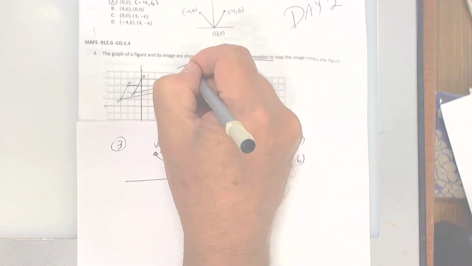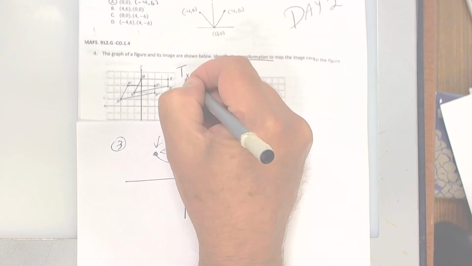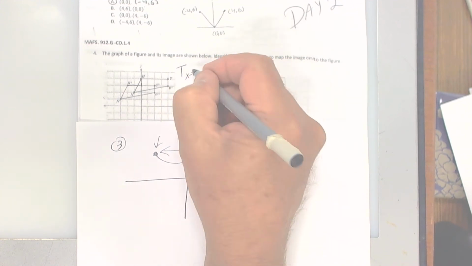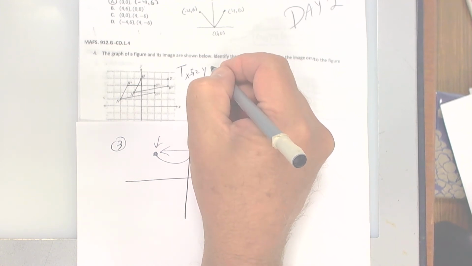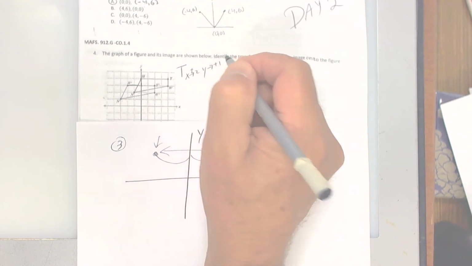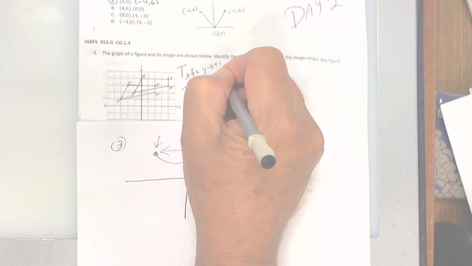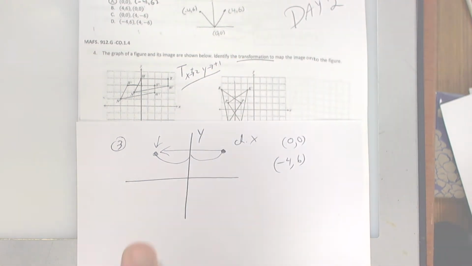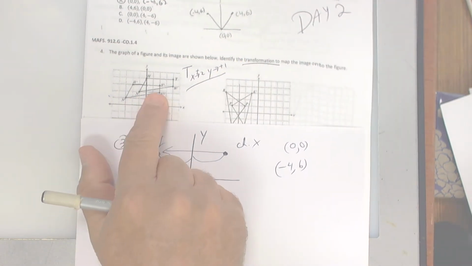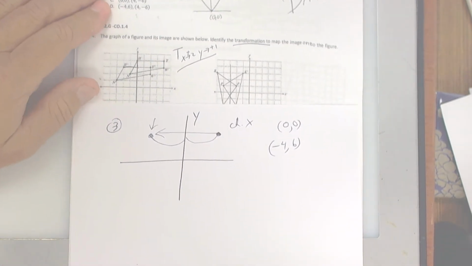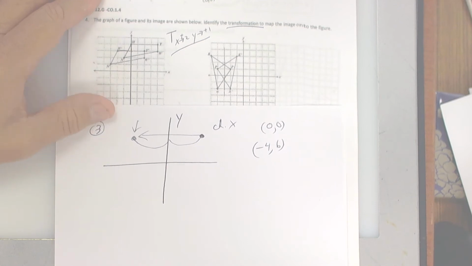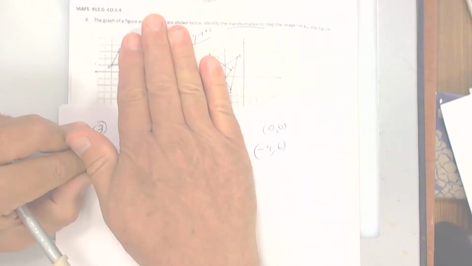So the translation, you got to know this, the x is going to be translated to the right 2, and the y is going to be translated up 1. So that would be a +1. That's the rule, so you got to know that. But anyway, this one is a translation. So you slide it over 2 and then up 1, and bam, it's the same figure.